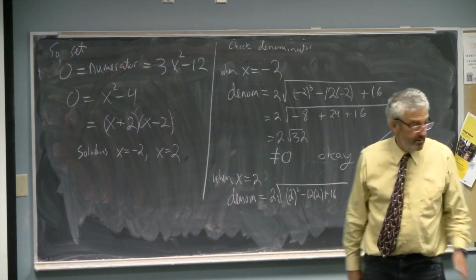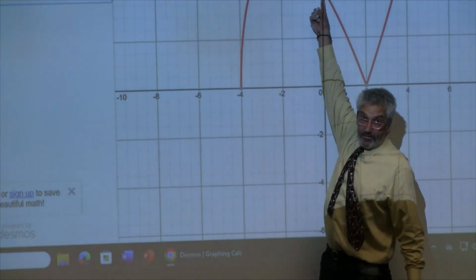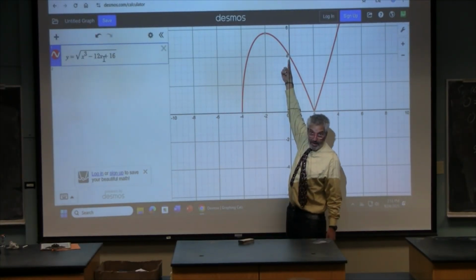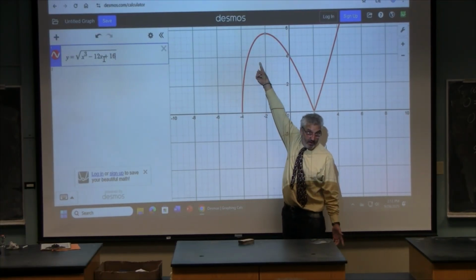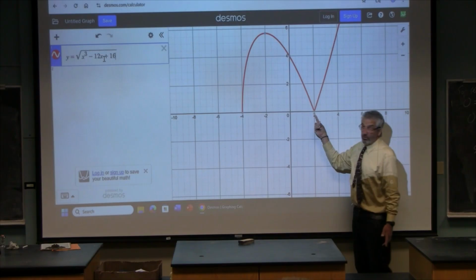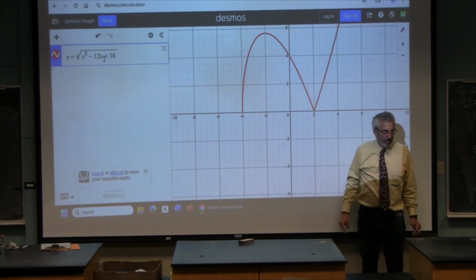Look at that. So at x equals 0, notice the tangent line has a negative slope. We know the slope was negative 3/2. At x equals negative 2, there's a horizontal tangent line. At x equals plus 2, there's no tangent line. So that's a really cool problem.